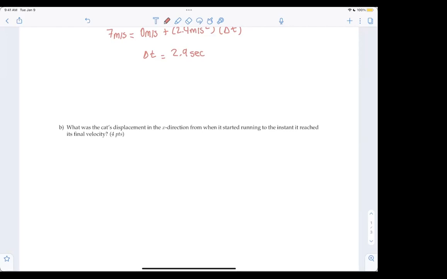Yeah, so this is one that you could use as well. Way more long-winded in my opinion. And at the same time, there's risk in using your delta t here, right? Well, you better be sure you got part A right. See what I mean? So you definitely can use this equation, but I would only use it if you're 100% sure you got the previous part right.